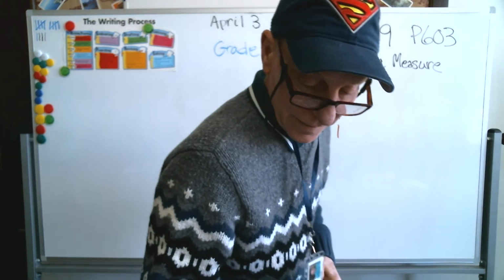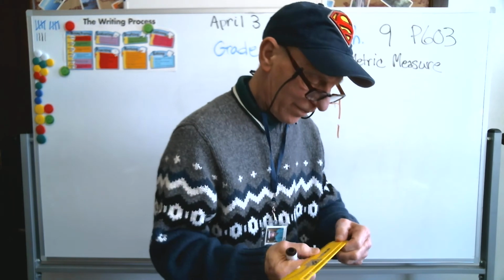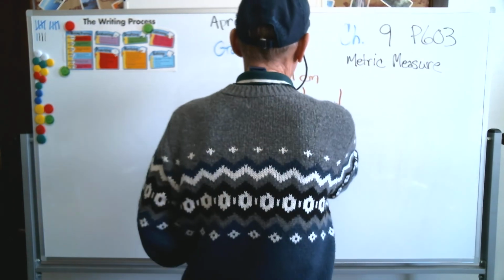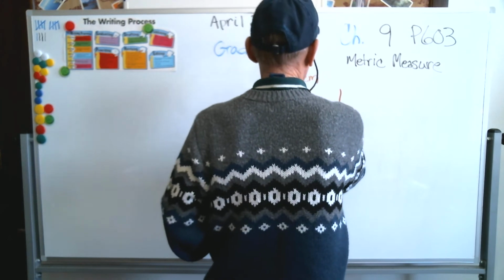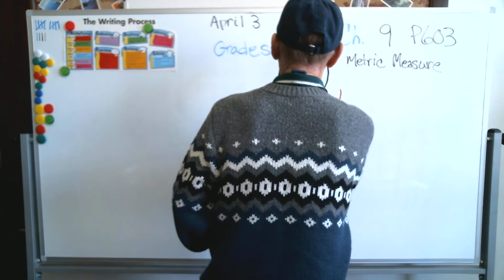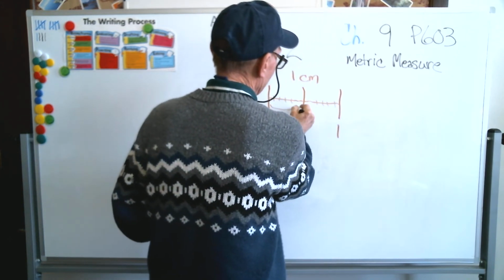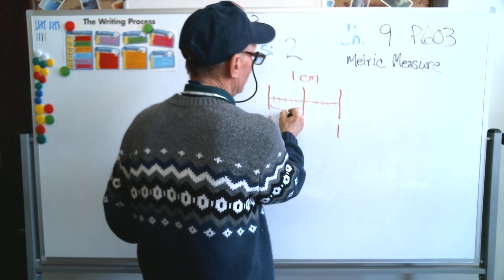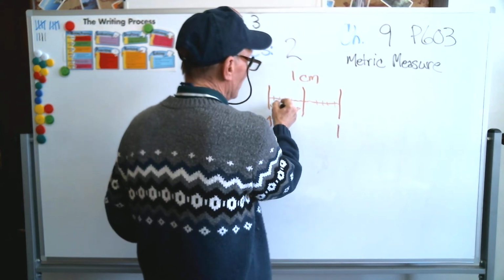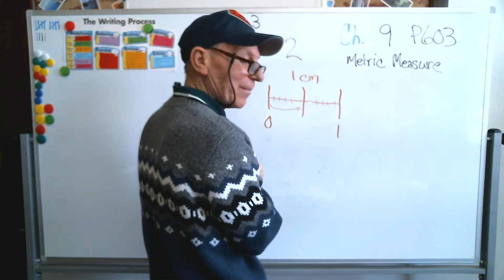So, now that we know that, let me correct this here just to make sure you can understand. So from here to here is increments of 1/5 of a centimeter.